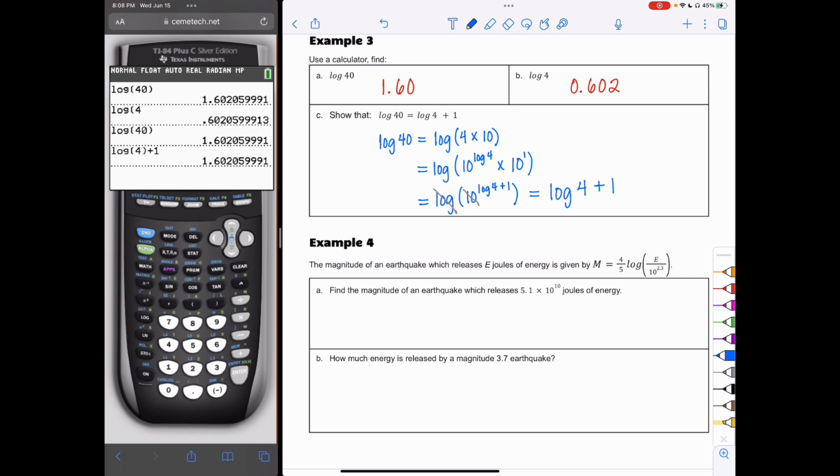So here they told me I have 5.1 times 10 to the power of 10 joules of energy.